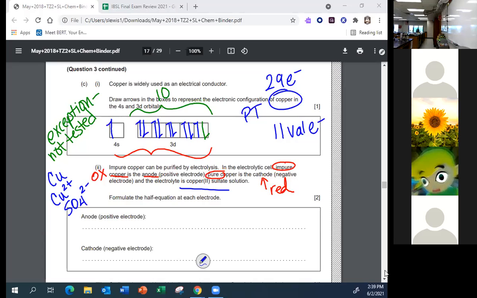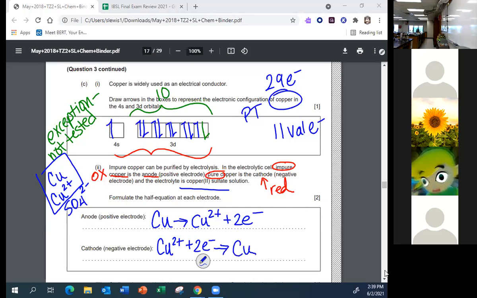So since oxidation happens at the anode, let's write this as an oxidation, a loss of electrons. So these two are interconverted. What happens at the cathode? Something has to be reduced. Copper 2 plus is going to gain electrons to become copper.